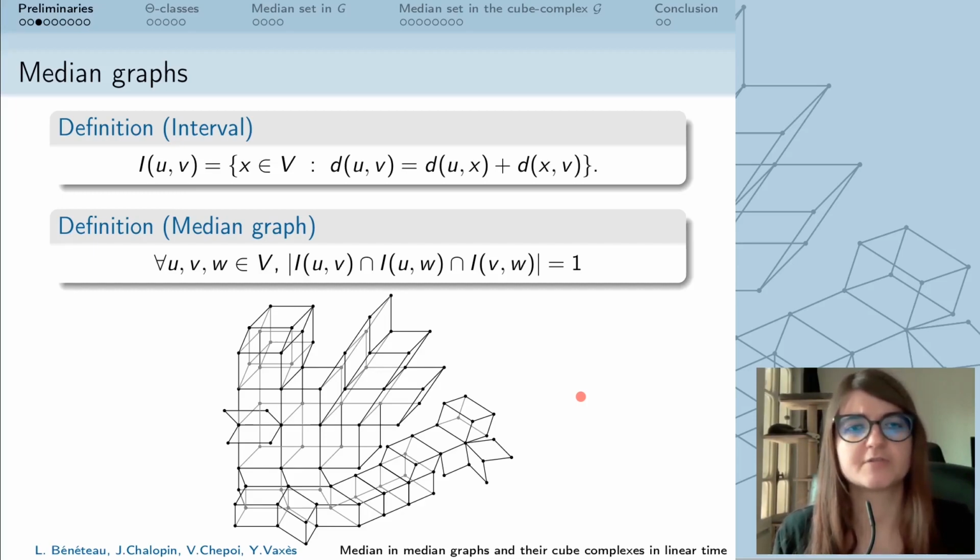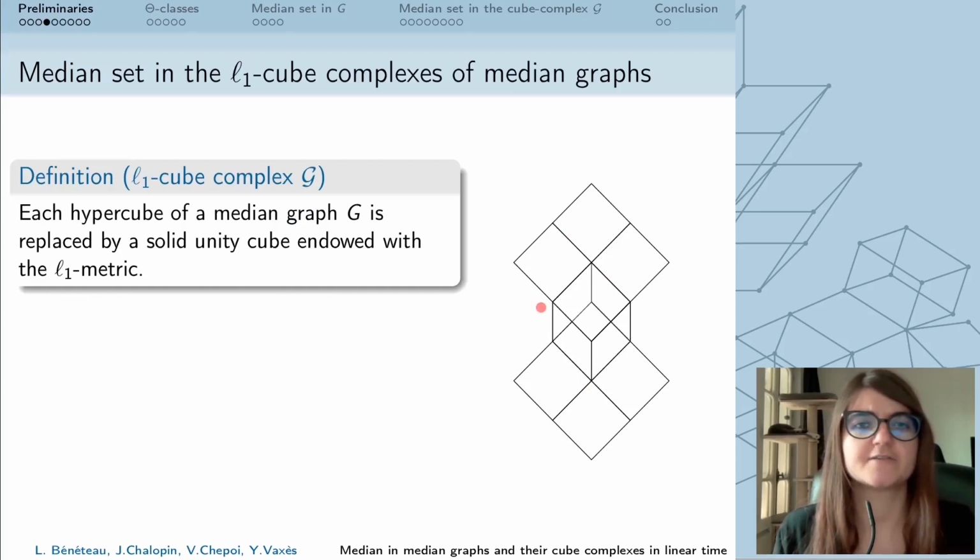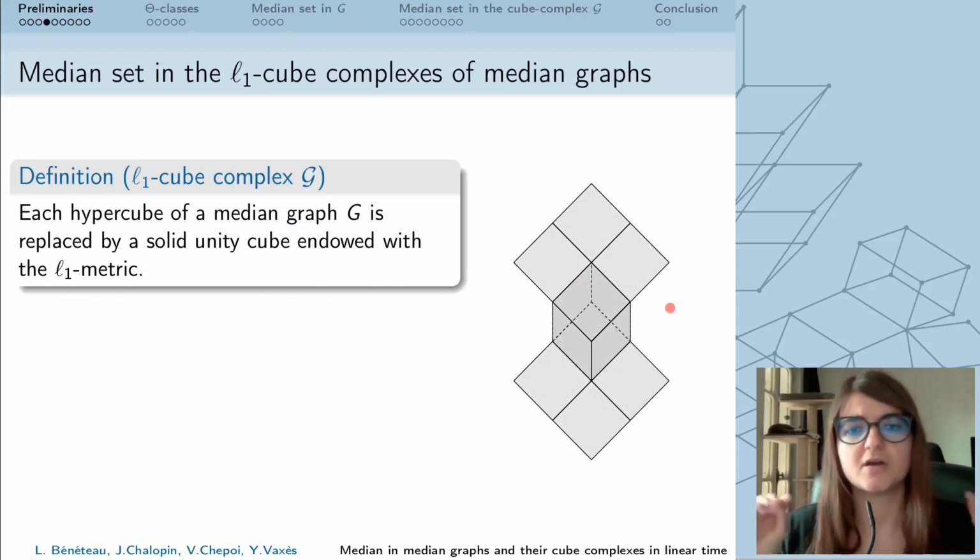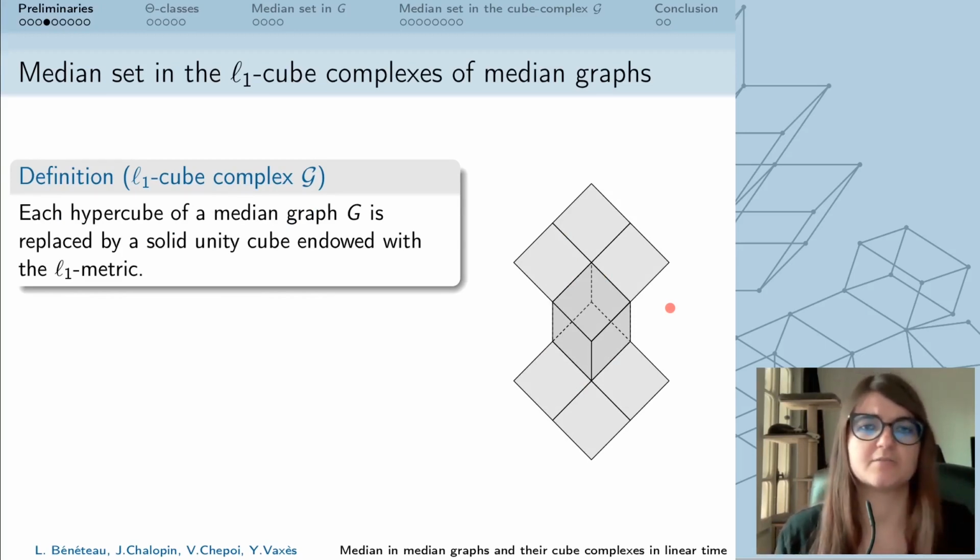So for example, in geometric group theory, if you replace each hypercube of a median graph by a solid unit cube and you endow it with the L2 metric, we get exactly the CAT(0) cube complexes, which are really important in geometric group theory. But we won't do that here.